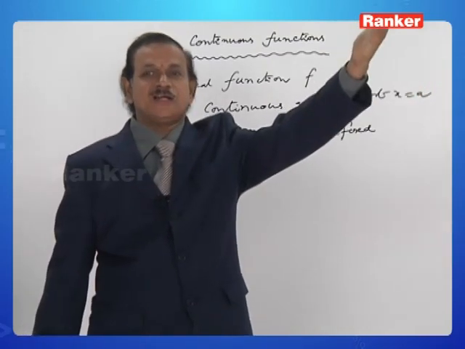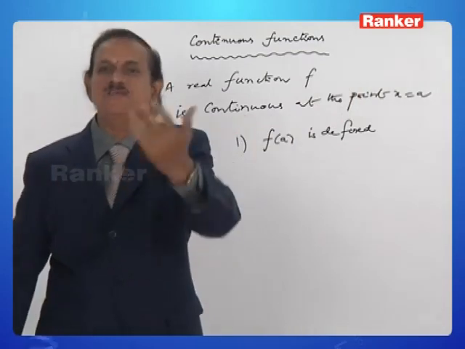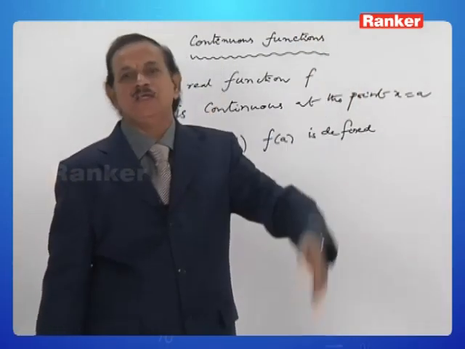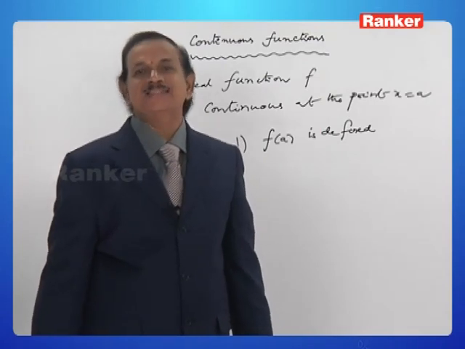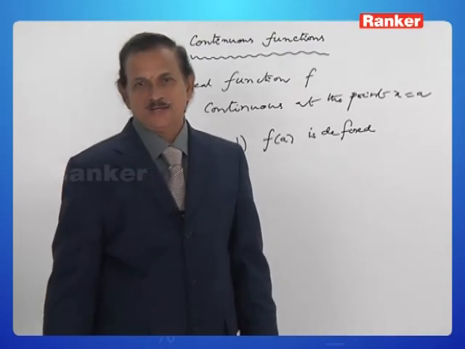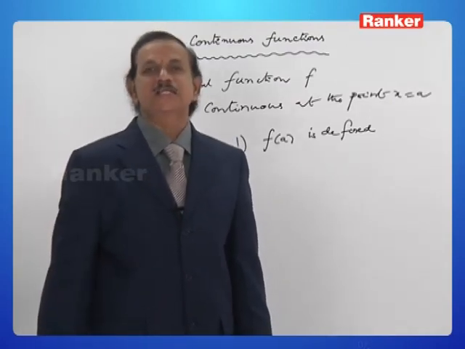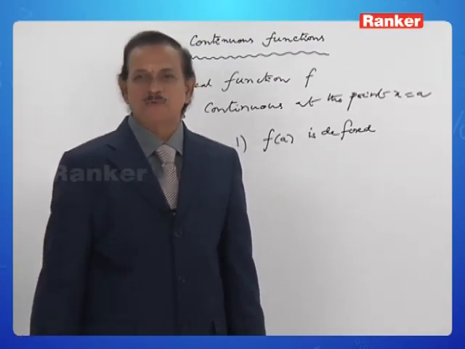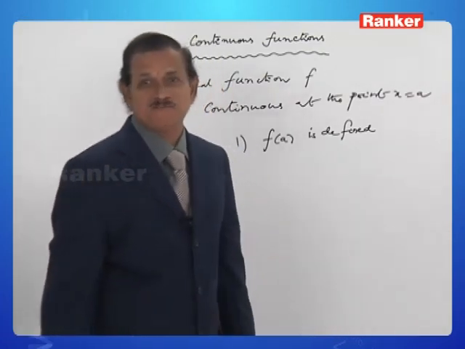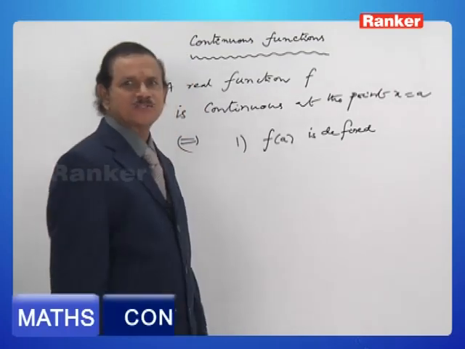Is our journey continuous at this point? Foolish question. Our journey is being done on the highway. If at all to discuss any continuity, it must be done on the highway only. So, in order to discuss the continuity at a point, the point must belong to the domain. That is, f of a must be defined. That is the meaning of the first condition.